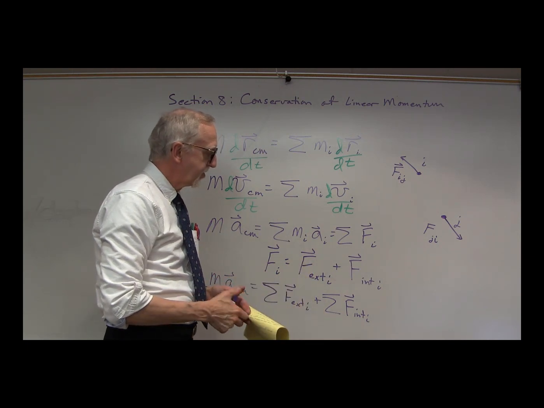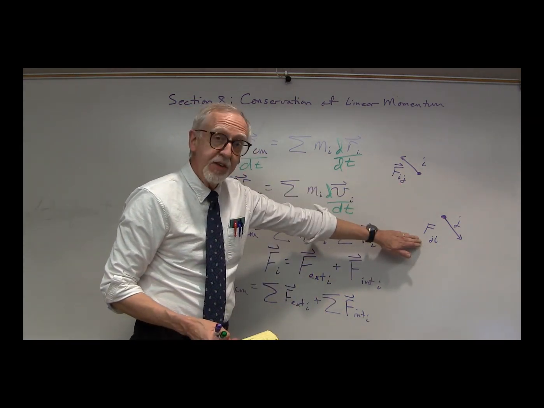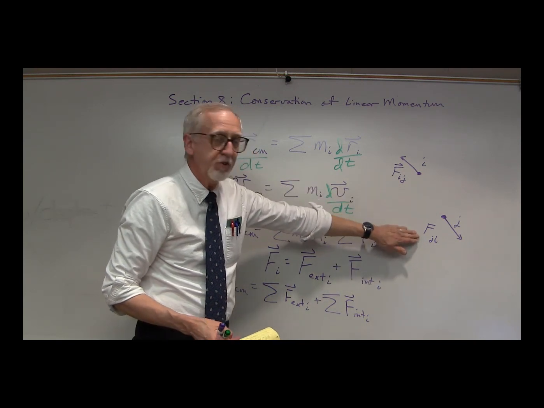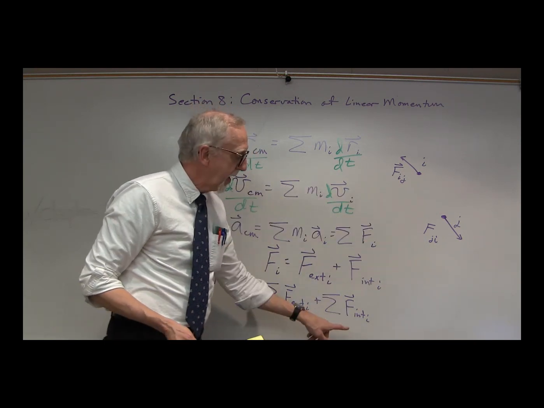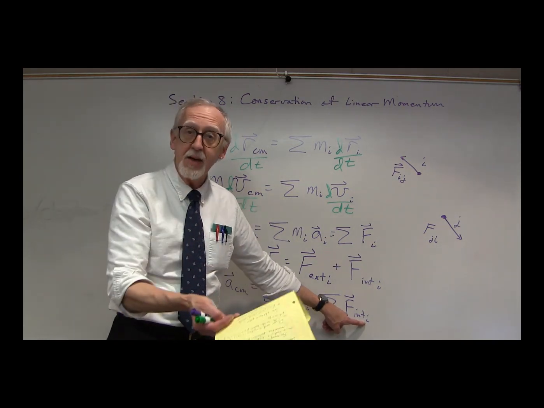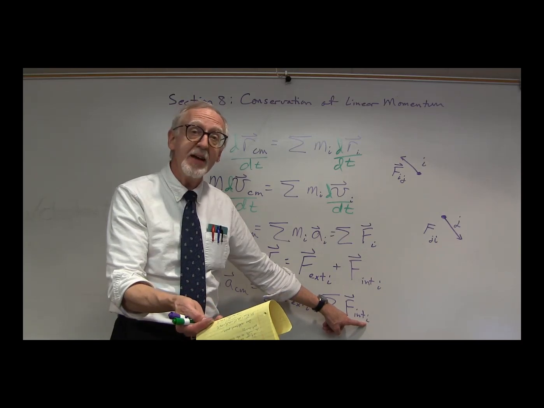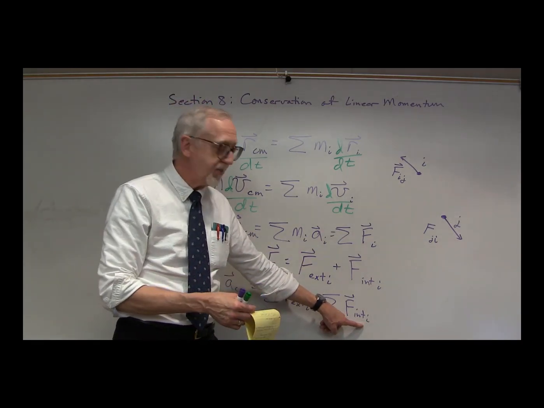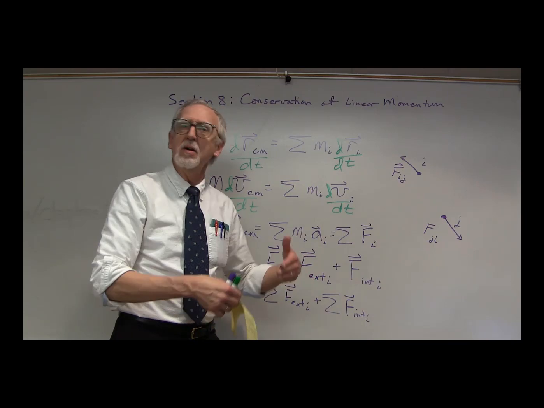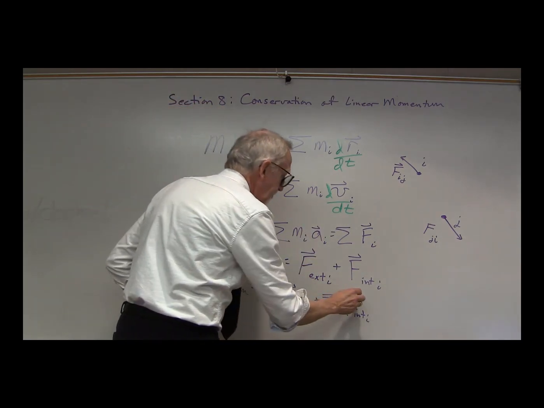So this sum is going to take this force and then add this force, but what happens when we add these two forces? They cancel out. For every internal force acting on i from one of the other masses, i is going to exert an opposite force on one of the other masses, so that when you add them all together, they are all going to cancel out. This entire sum cancels out.